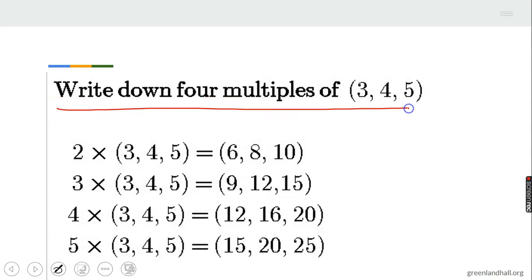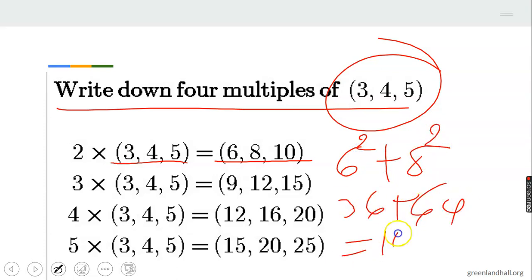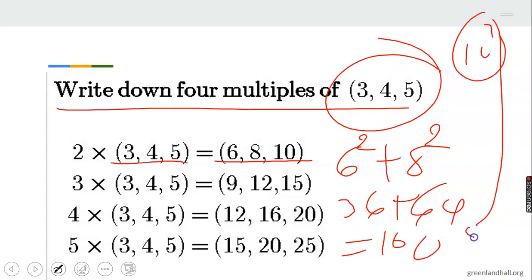Now, we can also write multiples of, let's use this example. You can multiply each number by 2 to give you 6, 8, 10. By the time you square 6 plus 8 square, this will be 36 plus 64 equals 100. And when you square 10, it will equal 100.